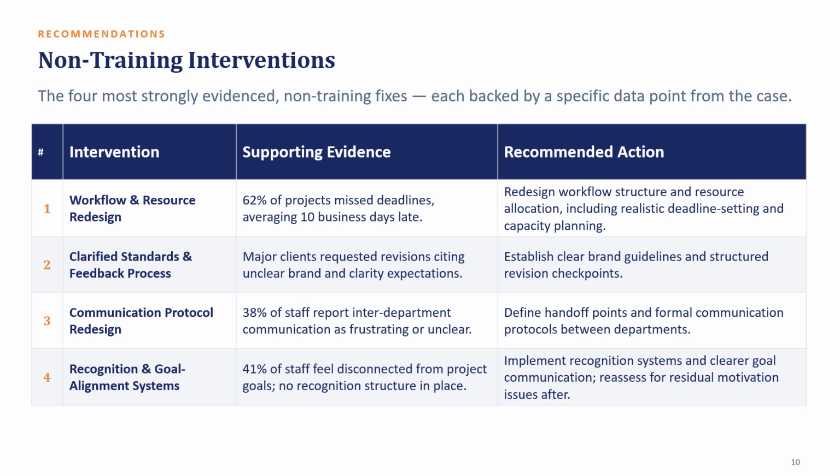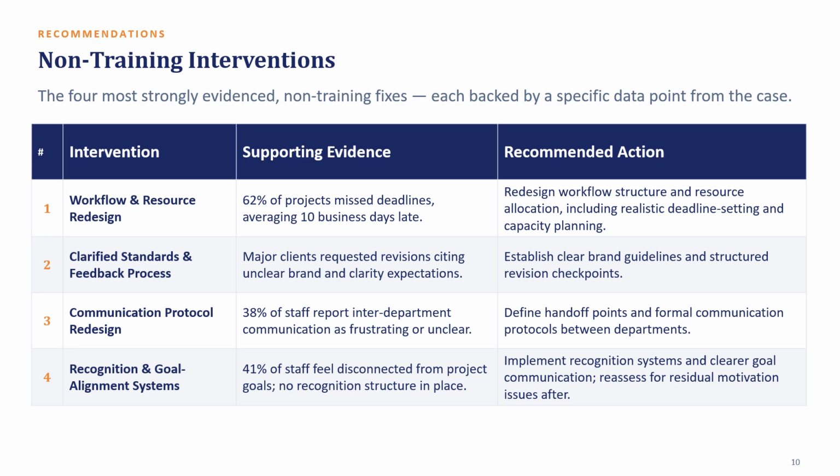For the intervention on clarified standards and feedback process, where major clients requested revision citing unclear brand and clarity expectations, we recommend to establish clear brand guidelines and structured revision checkpoints.